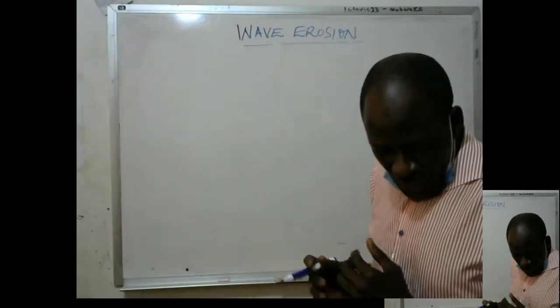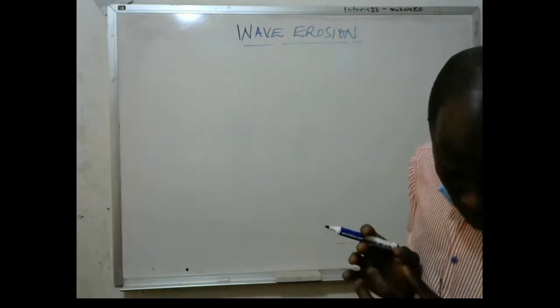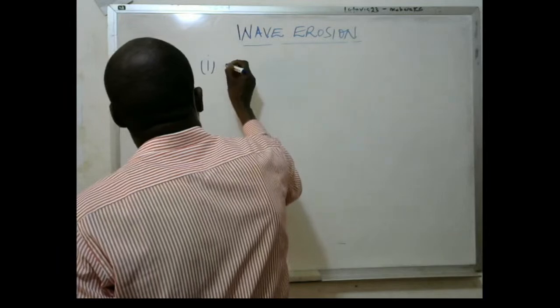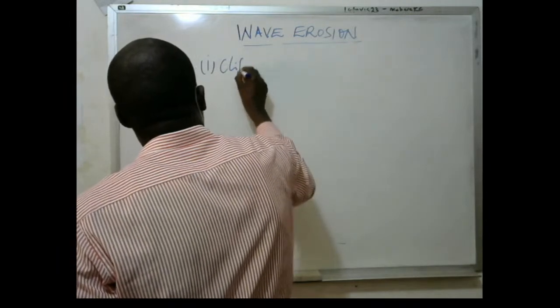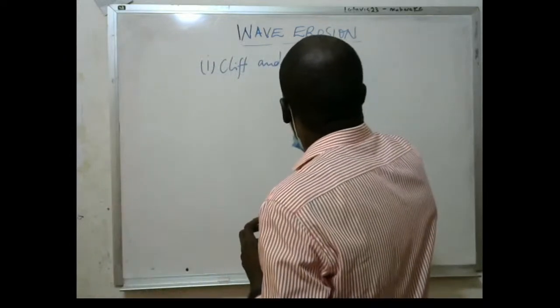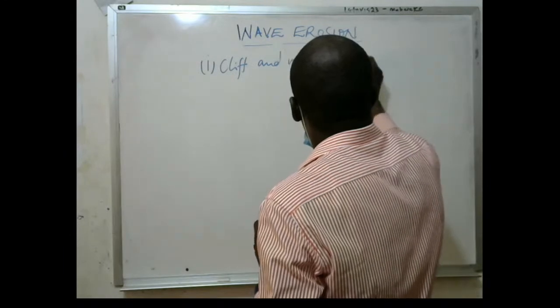Now, I'm putting these landforms into 3 families. The first family of these landforms will include what we shall call the cliff, and then this goes hand in hand with what we are going to call a wave cut platform.